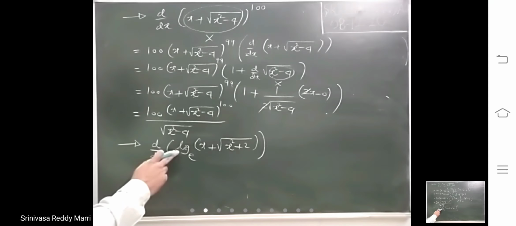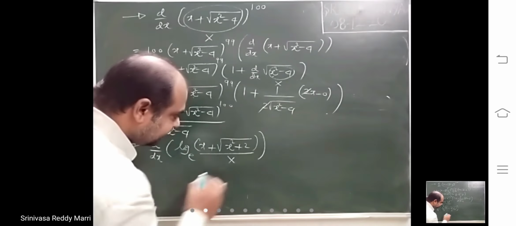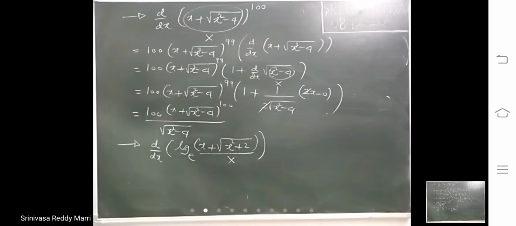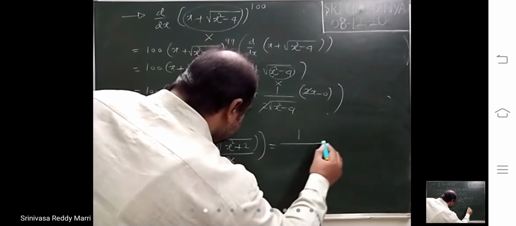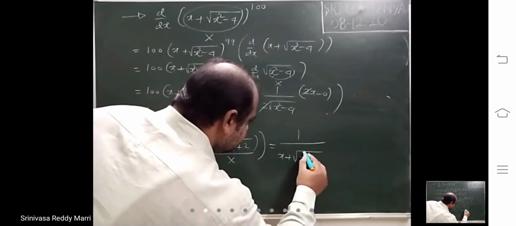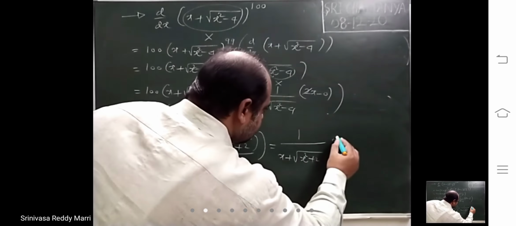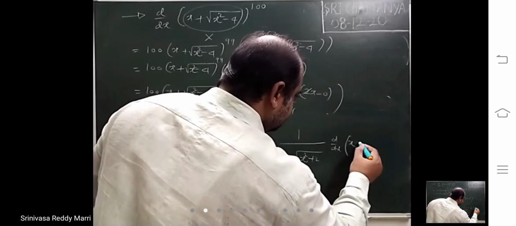Now, first one function is what? Logarithm function. This completely you take as capital X. You take 1 by X, 1 by capital X, d by dx of X.